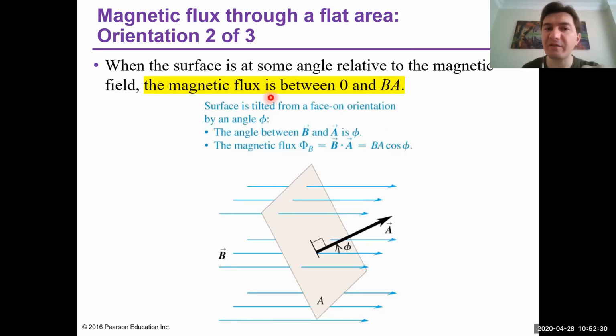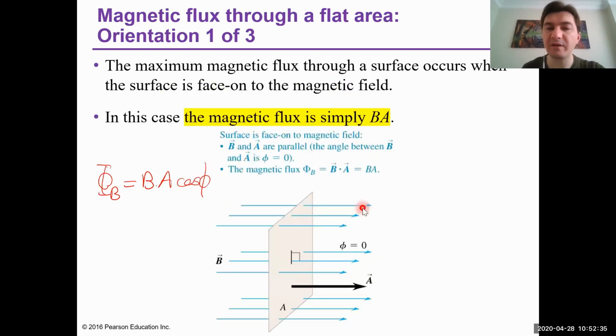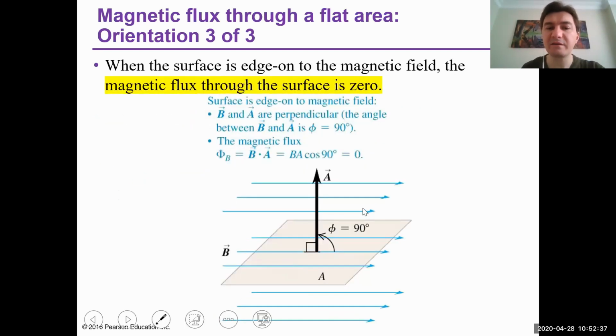And the magnetic flux is between 0 and BA. This is the maximum value, BA. And if you make the magnetic field perpendicular to the surface vector, okay, or field lines are in the surface, then phi angle between magnetic field lines and the surface vector will be 90 degrees, and cosine 90 is 0, then magnetic flux will be 0.